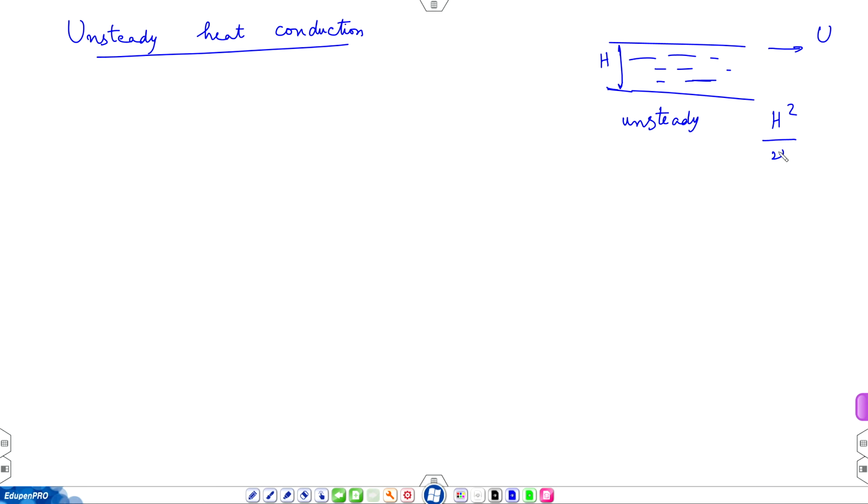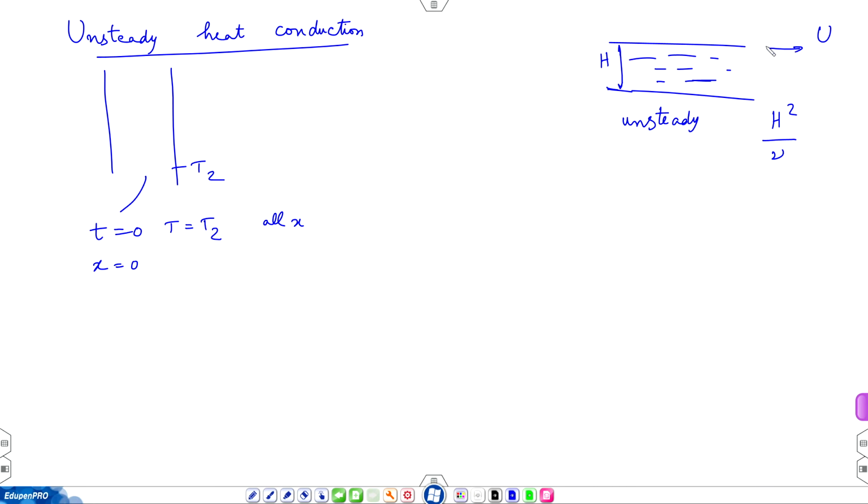The same thing happens for a slab. Let us say this is T2. Initially the slab is at some temperature T2. At x equal to 0, suddenly you heat the left surface.